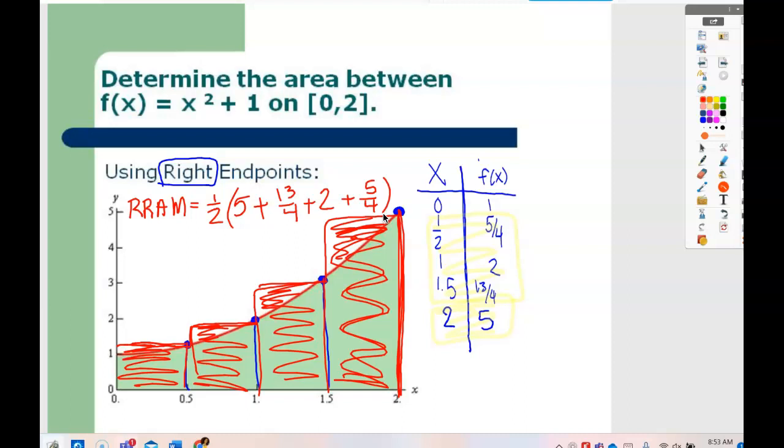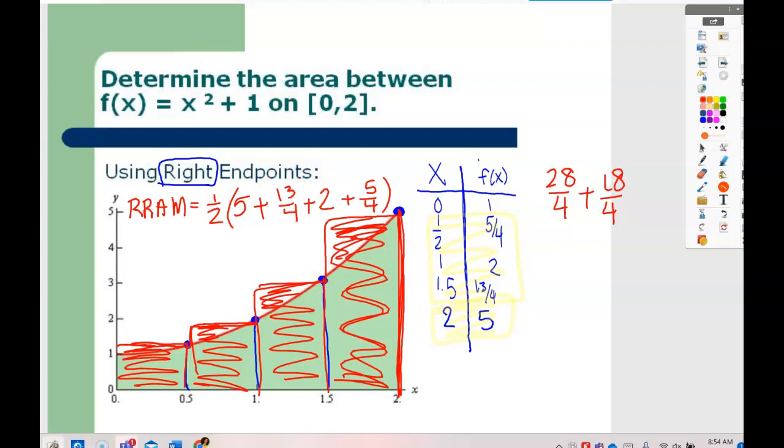So 5 plus 2 is 7. 7 plus 18/4 is like 28/4 plus 18/4. So 28 and 18 is 46. 46 divided by 4... I said 36 divided by 4 instead of 46 divided by 4.